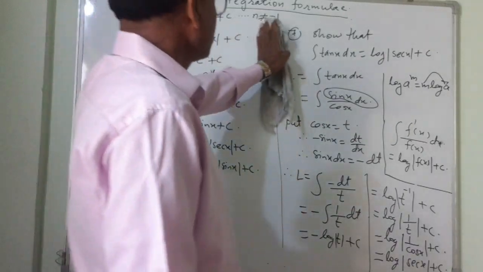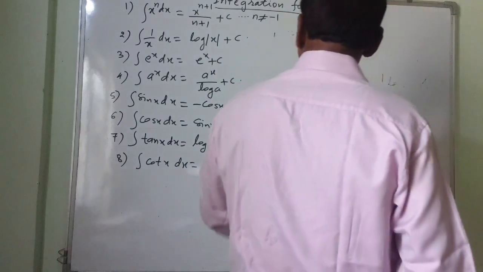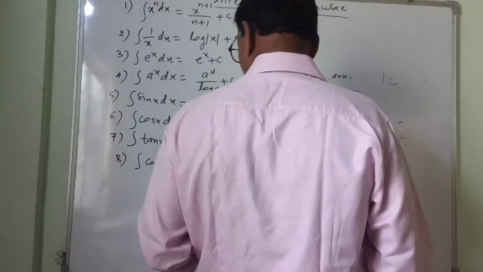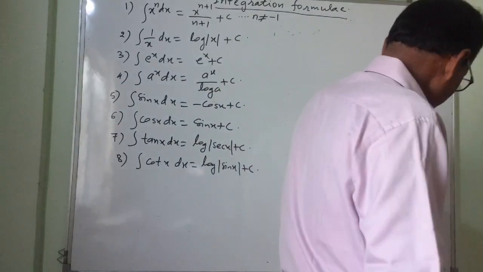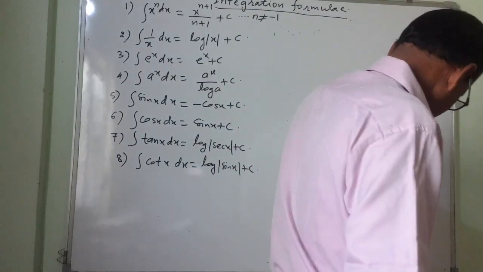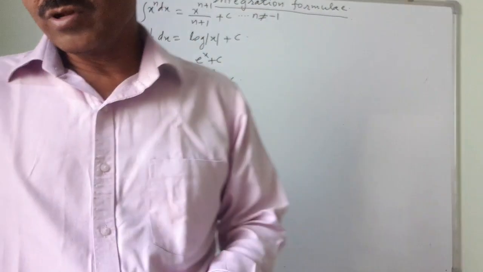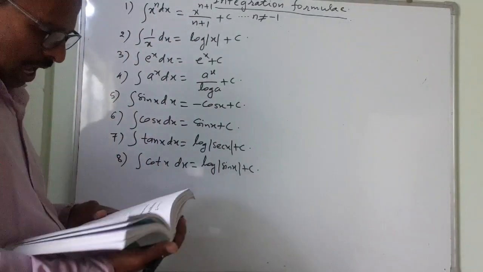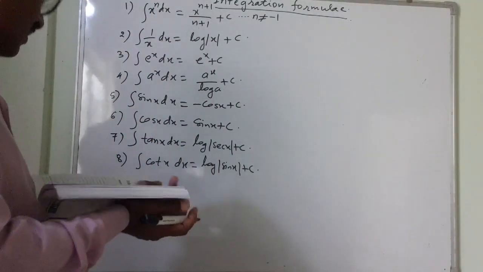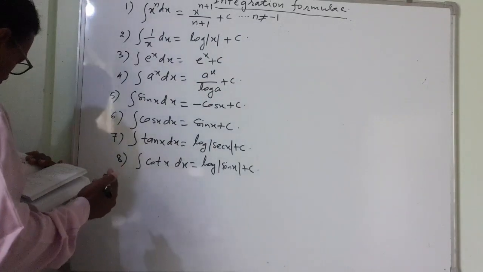So this 7th I have proved. Similarly, you can prove the remaining also. This cot x you can find on the same basis. Only giving the formula is not of much importance; how this formula has come, that we have to see.